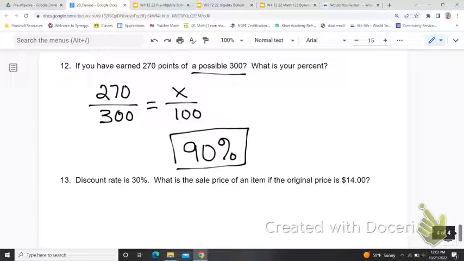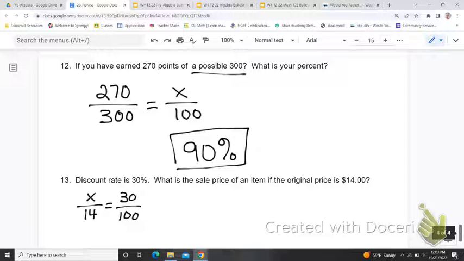If the discount rate is 30%, what is the sale price if the original price is $14? So this one's going to have two steps. So if the original price is 14, if I use this proportion, this would find the discount, which is fine.